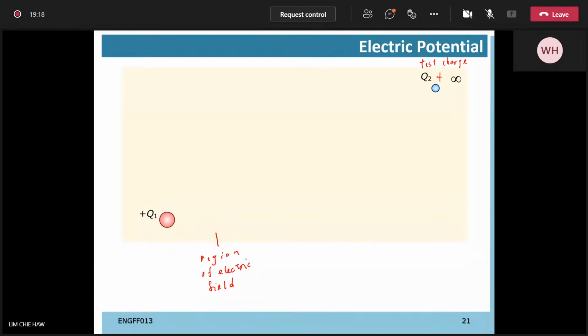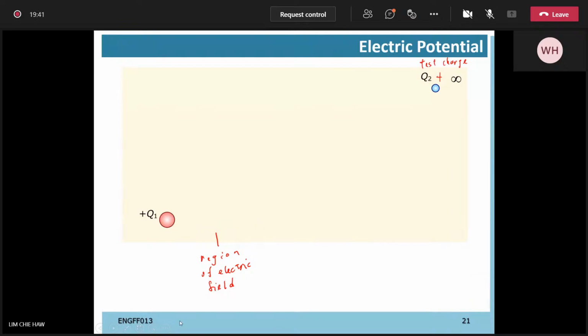Positive and positive, what happened? They will repel each other, they will try to push each other away. Therefore, if you need to bring this positive charge near to Q1, you need to do work, or supply energy to Q2.